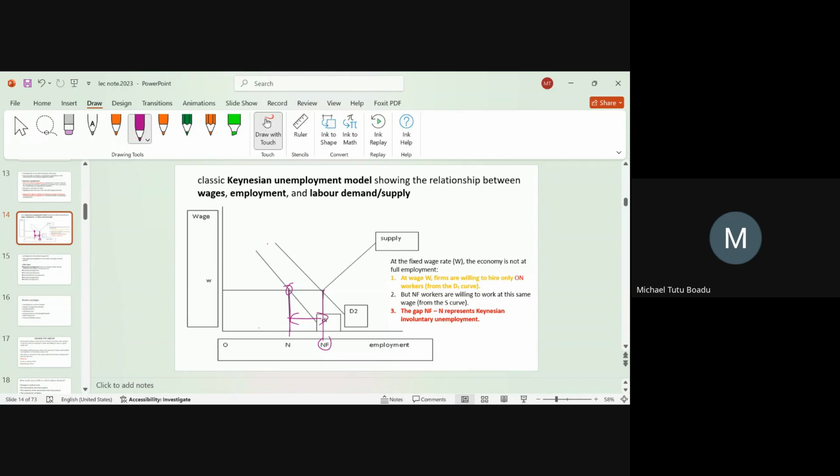So if N is 40 and NF is 70, it means that 70 minus 40, so 30 people are going to be unemployed.